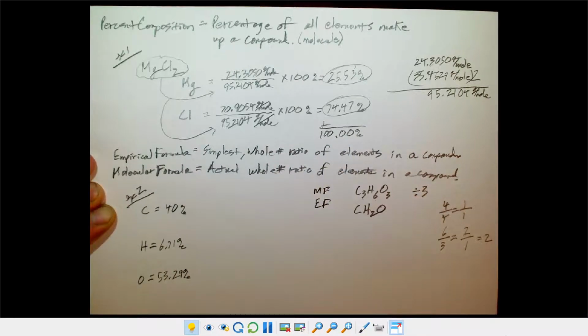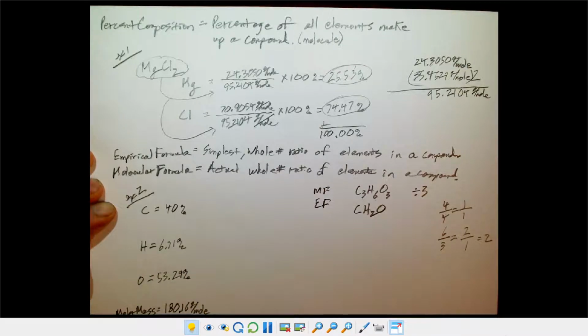So let's figure out what the empirical formula for this substance would be. Another piece of information that they would give you if they want you to figure out what the molecular formula would be is the molar mass of this compound. So let's say that the molar mass for this compound is equal to 180.16 grams per mole when you add it all up.